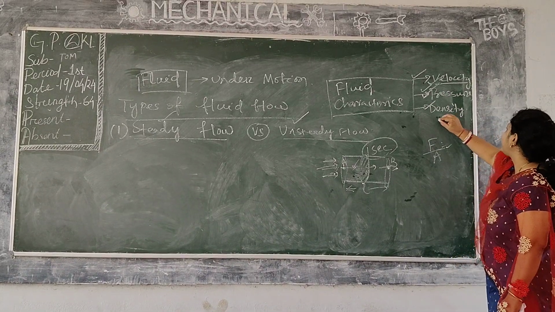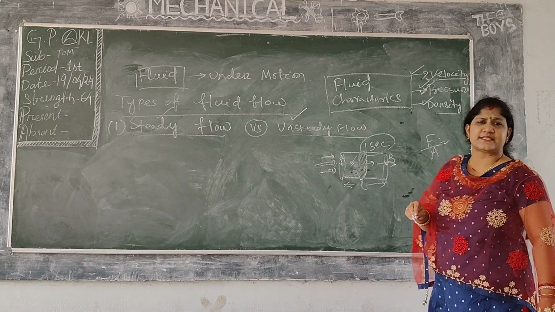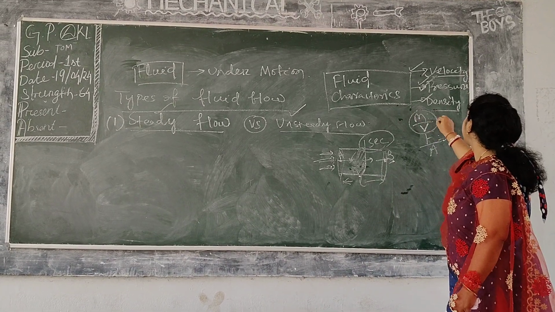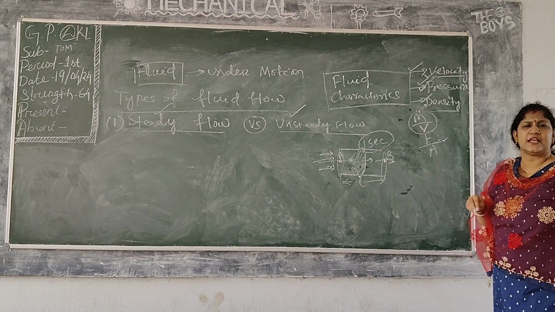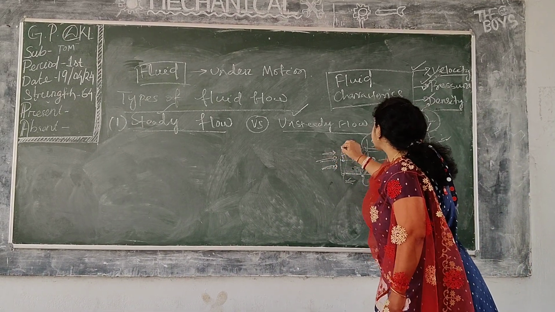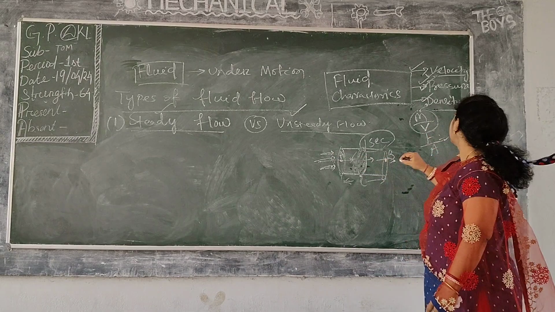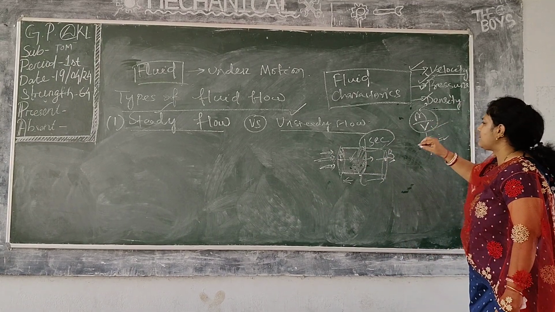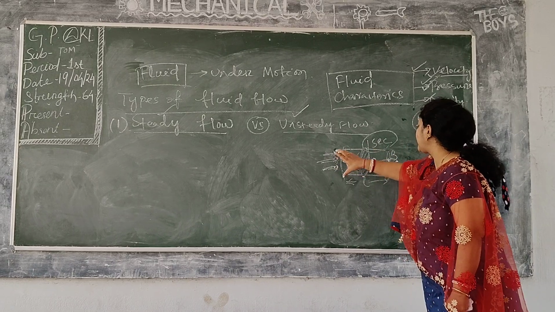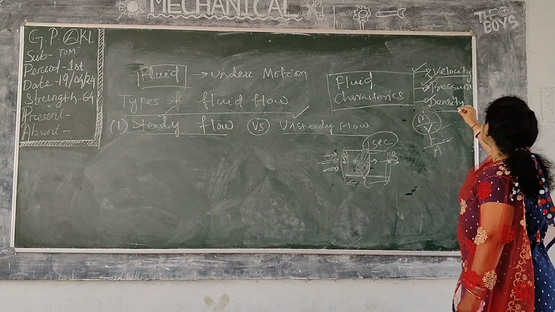Now let's go for density. What is density? We know mass per volume is known as density. Mass means the mass of water getting inside this pipe, and how much volume it occupies, that is density.